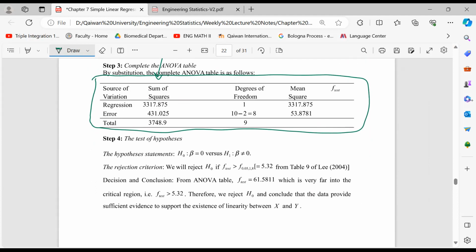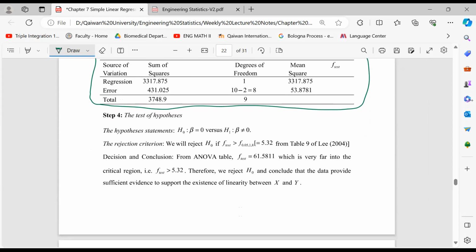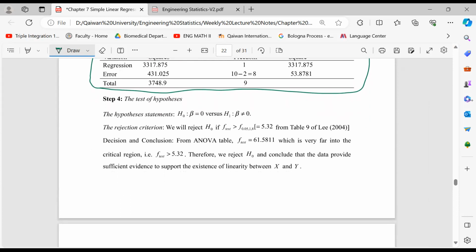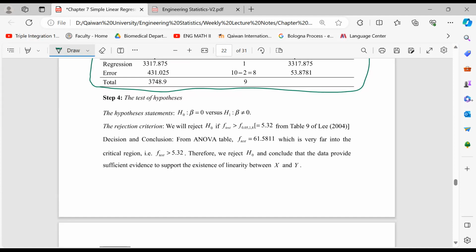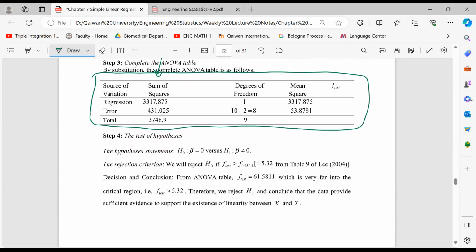Here, we say we reject H naught if F test is greater than F of alpha, 1 and n-2. Okay, for this example, this is F of alpha, which is 0.05, 1 and n-2. N is 10, minus 2 is 8. We look for this in the table and we get 5.32.